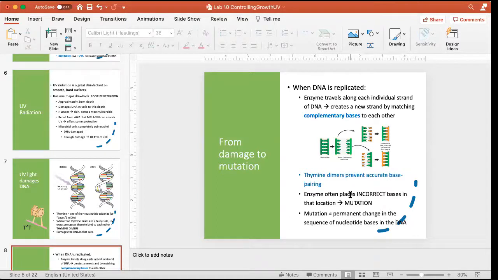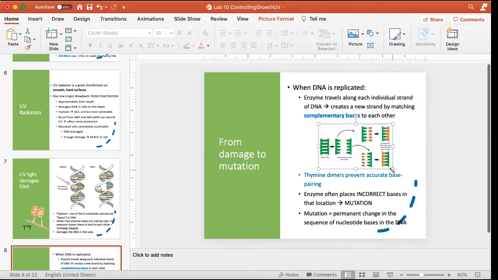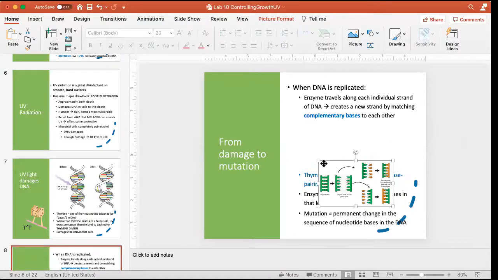If an incorrect base gets placed in the new DNA, and remember in this diagram that's the gold color, the next time that cell replicates, that change is going to be permanent. And that's what we call a mutation.